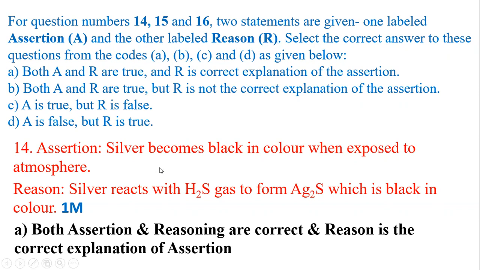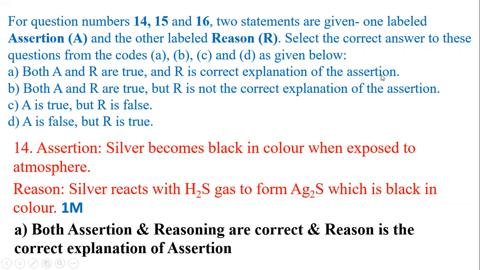In this type of questions, you have to select any one option out of 4. First, if you select A, it means both statements, assertion and reasoning, are correct or true, and R is the correct explanation of the assertion.